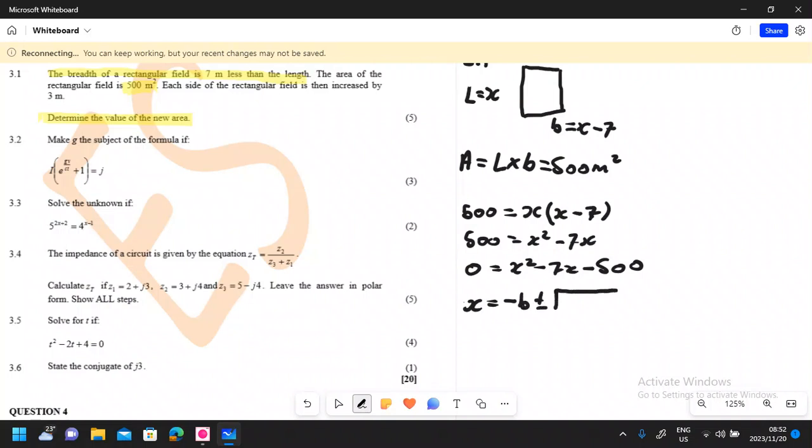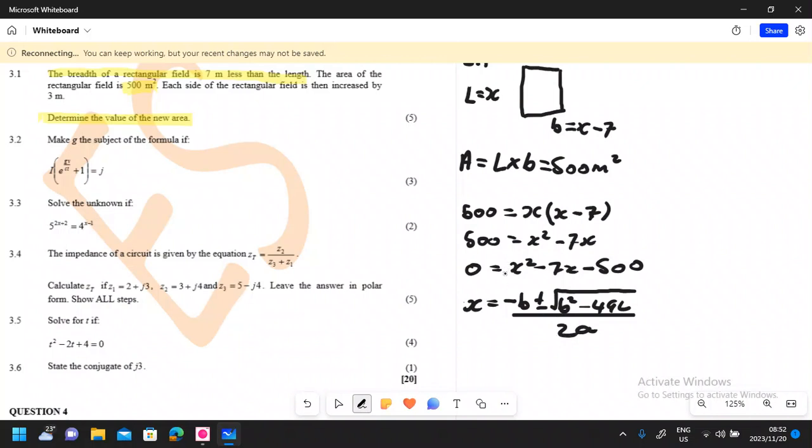Remember, the quadratic formula is on your formula sheet, just in case you're not so sure. Now we need to know what a, b and c are.